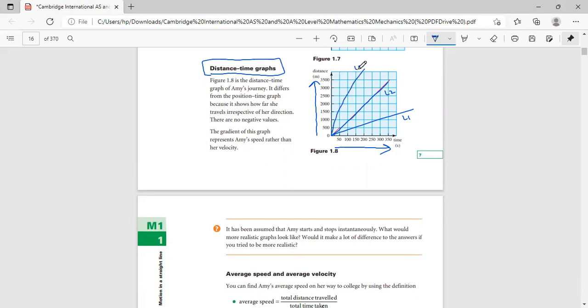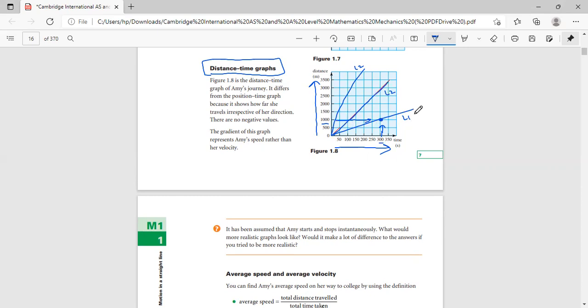And how can you find it by calculation? You can take any point like this. Speed is distance over time. What is the distance? 1000. And what is the time? 300. If you read these values from here and there, you will find 300 and 1000.